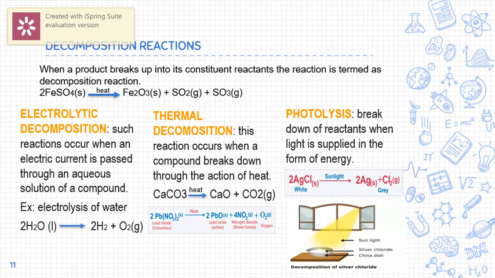That time we have to use electrical energy. So by using electrical energy, if you decompose, that comes under the electrolytic decomposition, and the type of chemical reaction is known as electrochemical reaction.